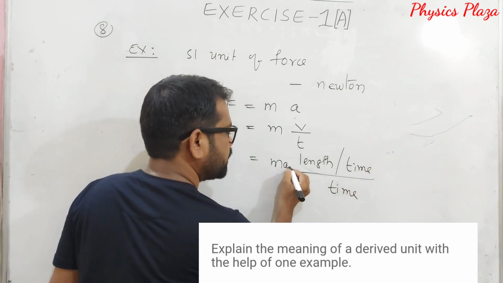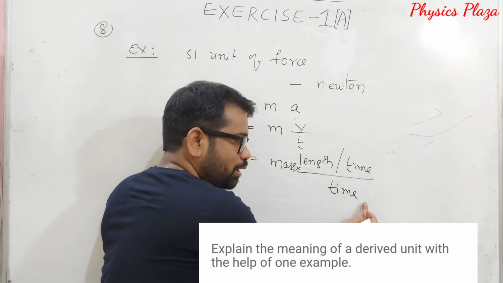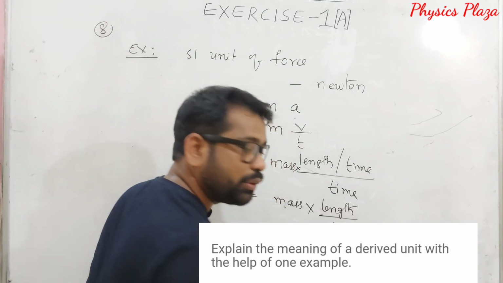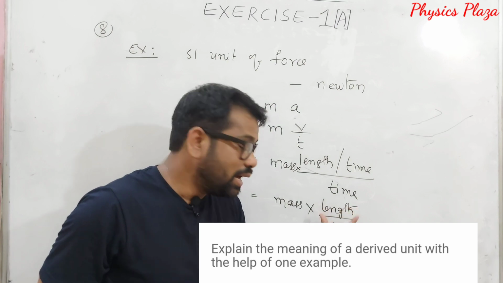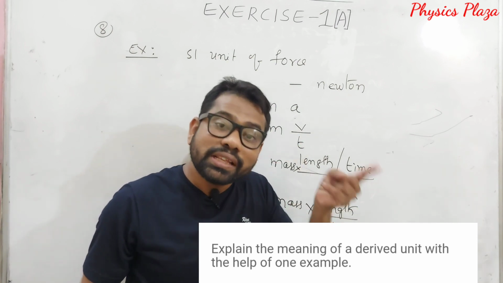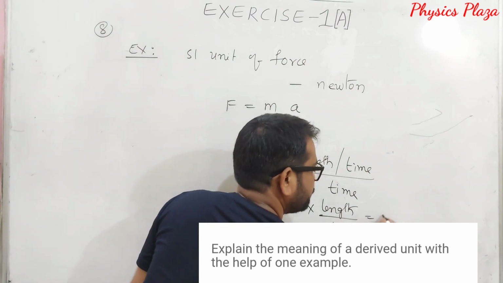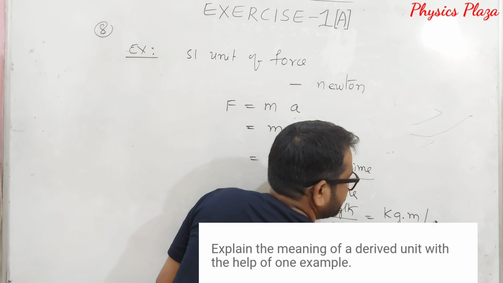So it is mass into length by time, and now the time comes to the denominator. Time into time will be time square. Just look into it now. Mass is a fundamental quantity, length is a fundamental quantity, time is also a fundamental quantity. Now let us write the units of these fundamental quantities. What do you get here? kg meter per second square.